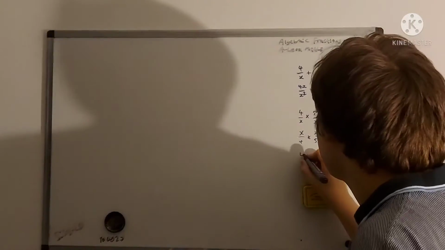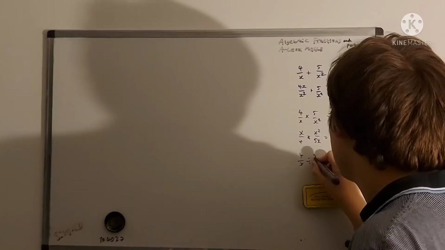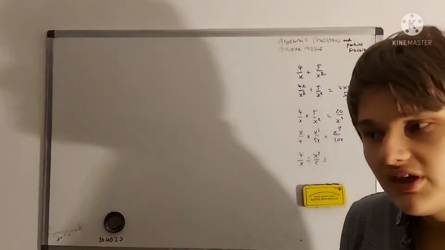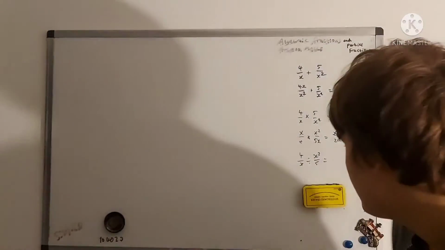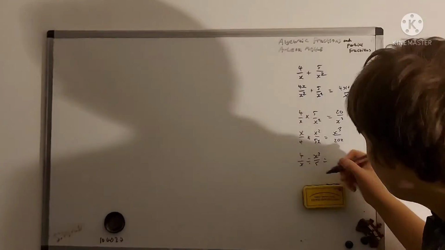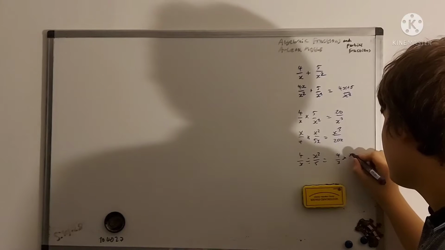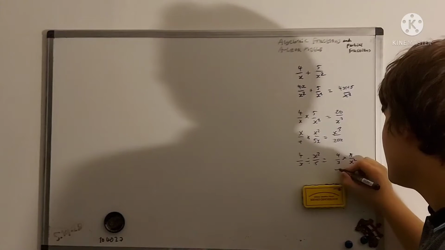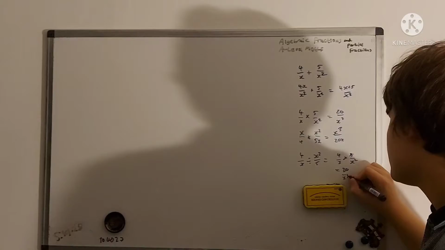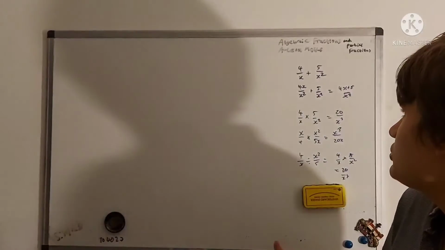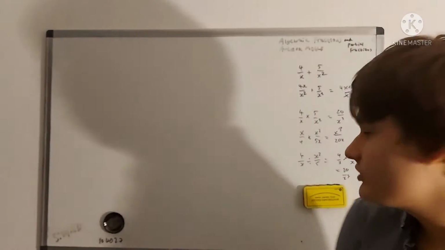You see what I've done there. Dividing works in the same way, 4 over x divided by x squared over 5. Well, remember the stay, flip, change rule. So we flip it and we change the sign. So we do 4 over x multiplied by 5 divided by x squared, which gives us 20 over x cubed.